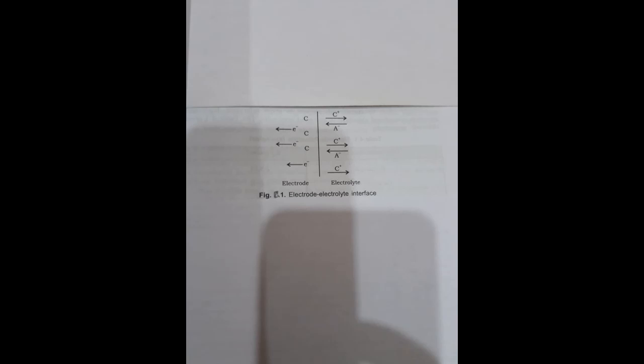If the current flow is from electrode to electrolyte, the oxidation reactions dominate, but when the current is in the opposite direction, the reduction reactions dominate.